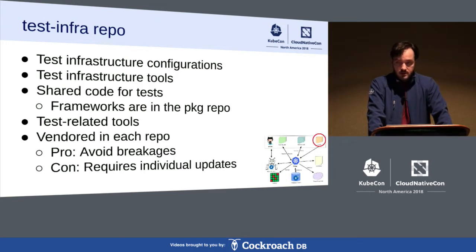So the good thing about it is that it's vendored, so you avoid breakages when you make changes to the repo. But the bad thing is that each time you have a new update, you have to replicate that to each other repo. In this case, one change in the test infra repo means replicating that to 11 other repos.